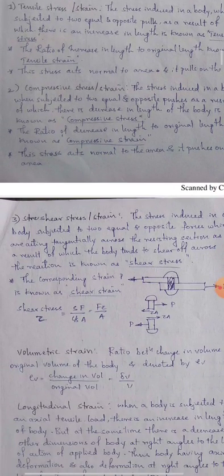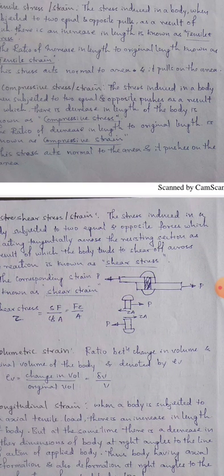If you consider the shear stress, it is nothing but shear force by area. Look at this figure. There is a nut, and at both ends the axial force is acting, that is, tensile force is acting.